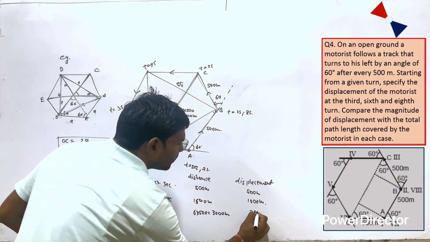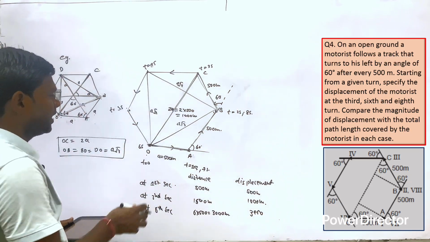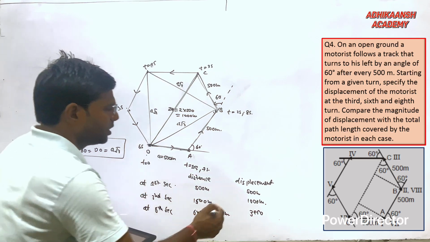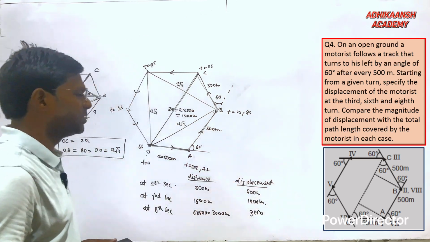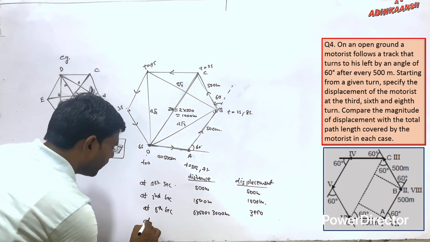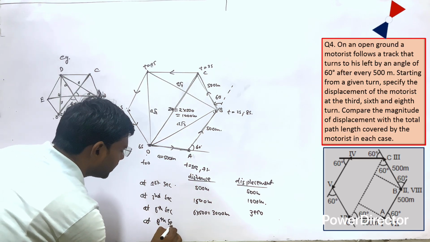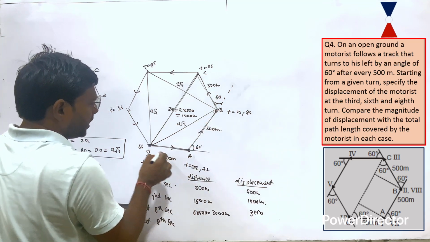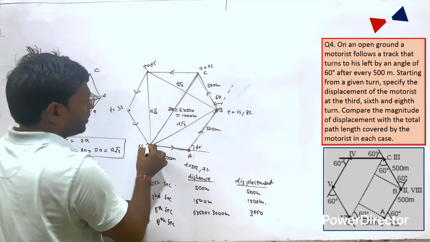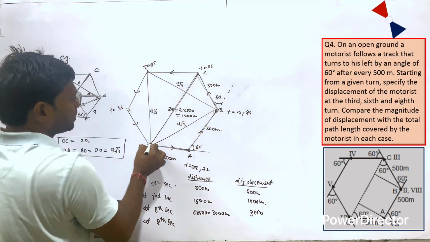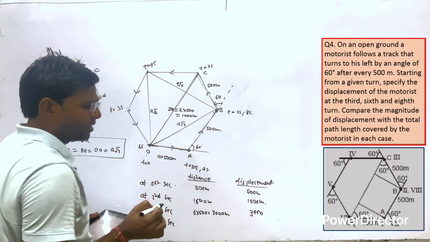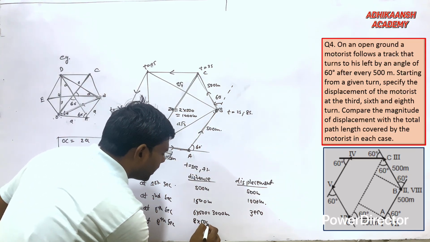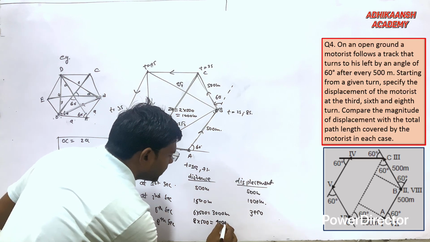Therefore, the displacement is 0 because the initial and final positions coincide. Now, at the end of the 8th second, this is the 7th second, this is the 8th second. Again the distance will be 8 into 500, which is equal to 4000 meters.